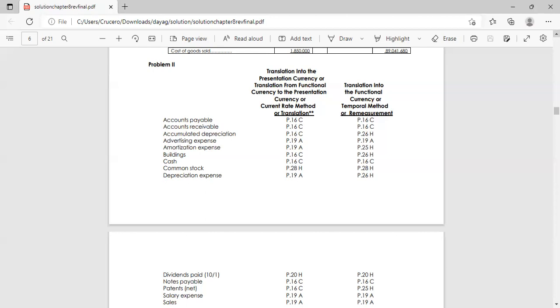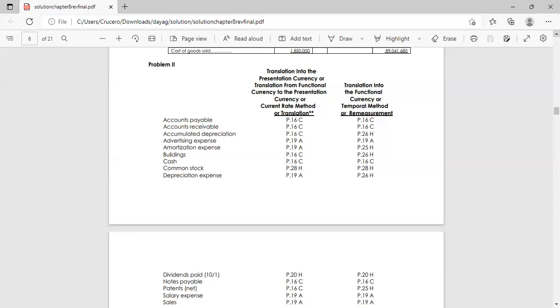We are given these accounts as they are denominated as of December 31, 20x9, and also the average for 20x9.